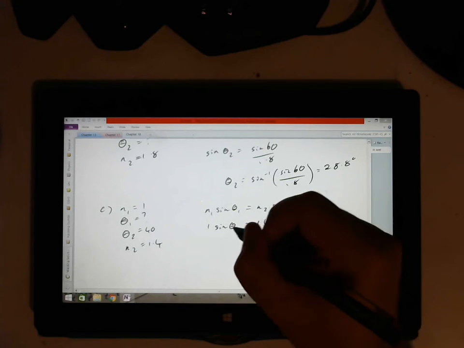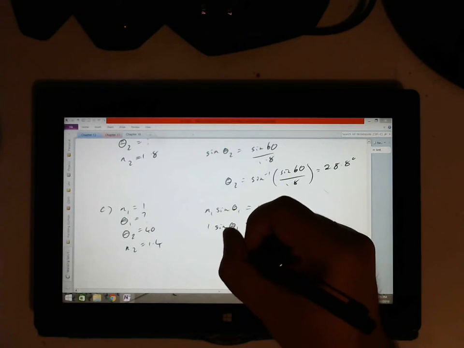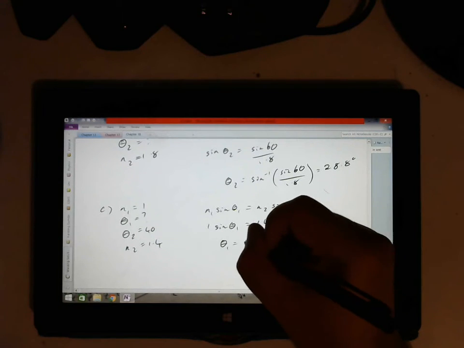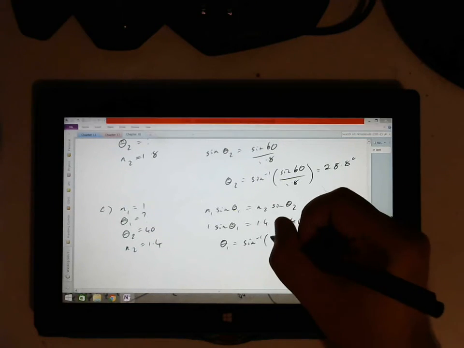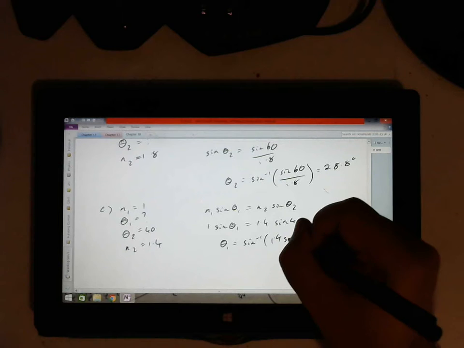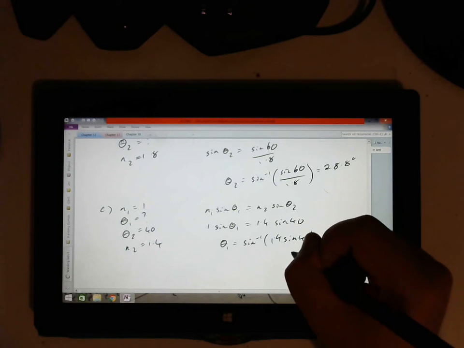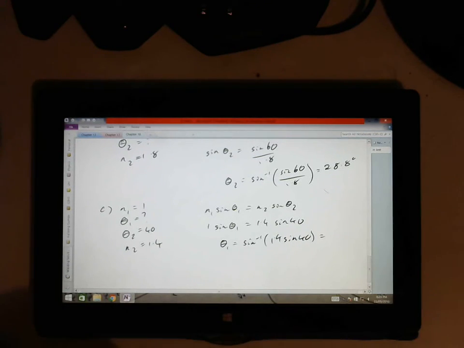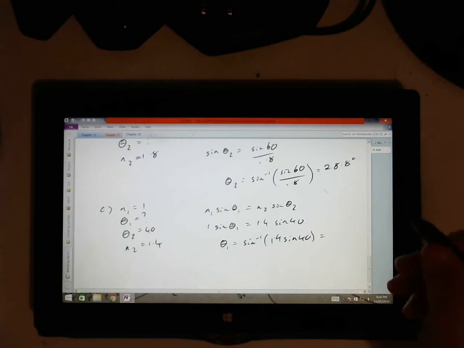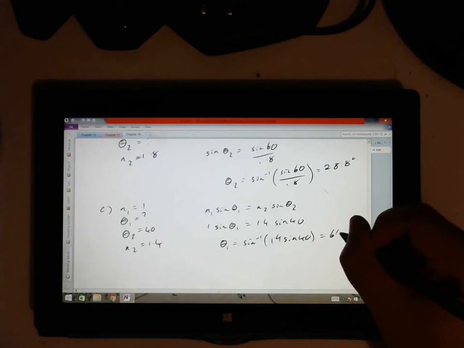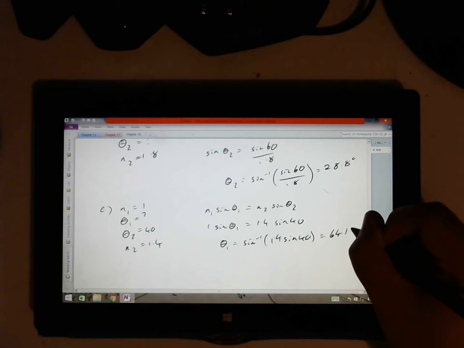The 1 we can ignore. Let's rearrange. We can take the arc sine: theta 1 equals the arc sine of 1.4 times sine 40. So sine 40, multiply by 1.4, take the arc sine, and we get 64.1 degrees.